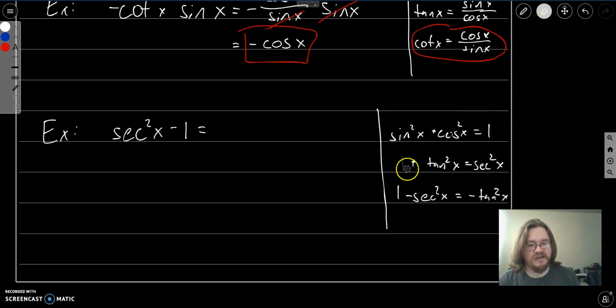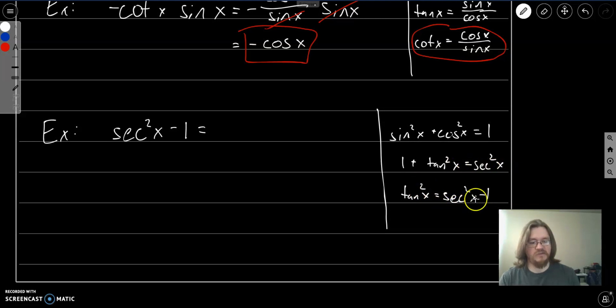No, in fact, that's not how I want to rearrange it at all, is it? I want secant squared minus 1. So if I subtract 1 from both sides, this will be a lot simpler. If I subtract 1 from both sides, I get secant squared minus 1 is just the tangent squared.